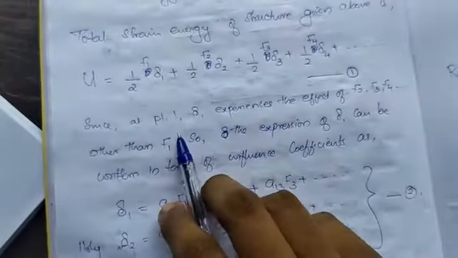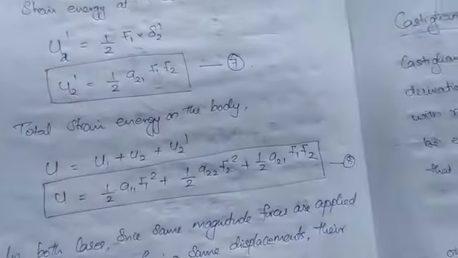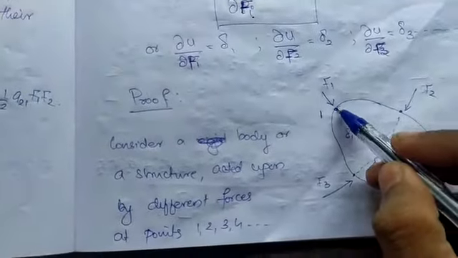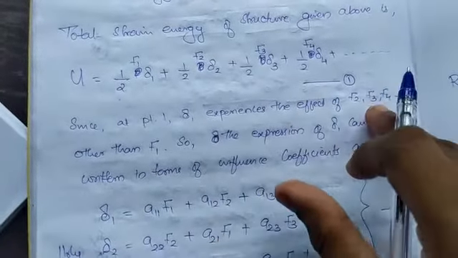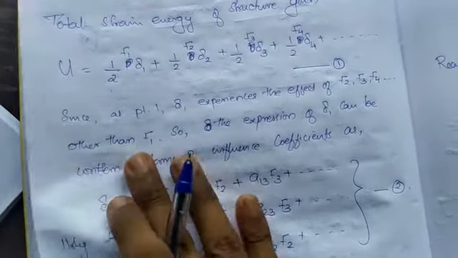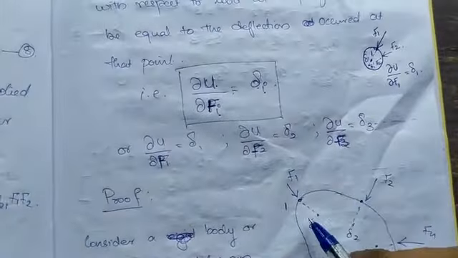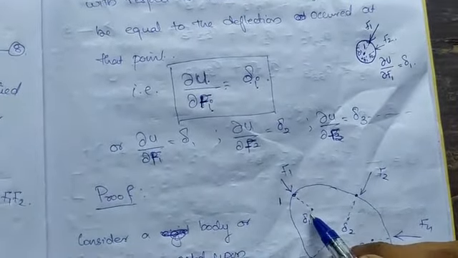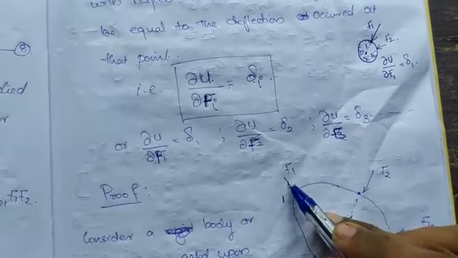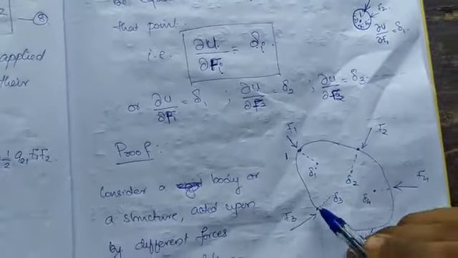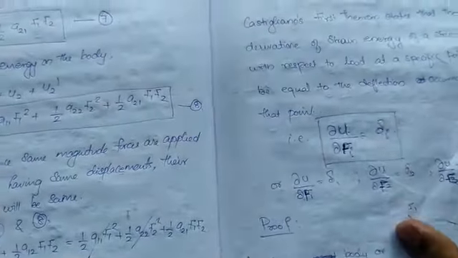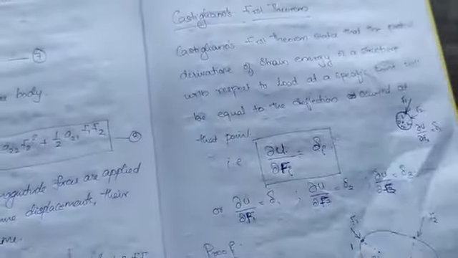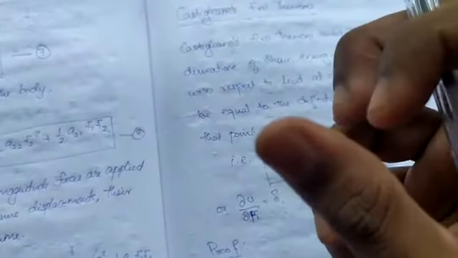Now at point 1, delta 1 experiences the effect of F2, F3, F4 etc. other than F1. This delta 1 is experiencing forces due to F2, F3, F4, F5 etc. If you consider the case of a balloon, if you inflate it, what happens?